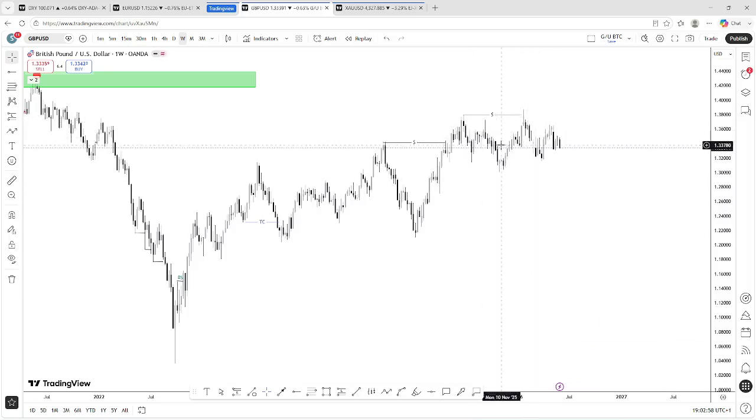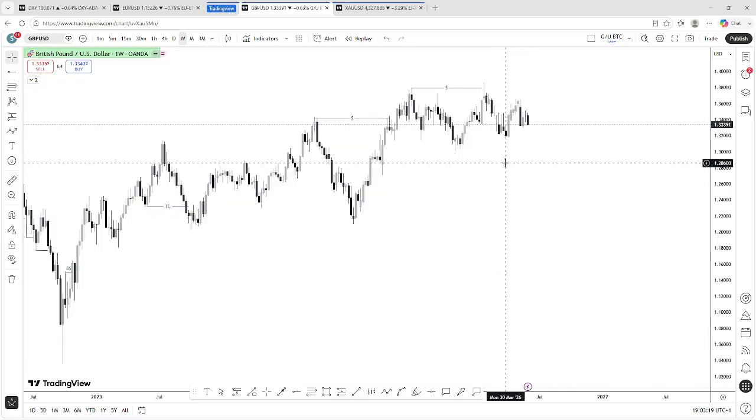But again, after rallying to the upside, you can see that the price really refused to close above this area, and you can see that it really closed with a shooting star, which is a very aggressive reversal candlestick.